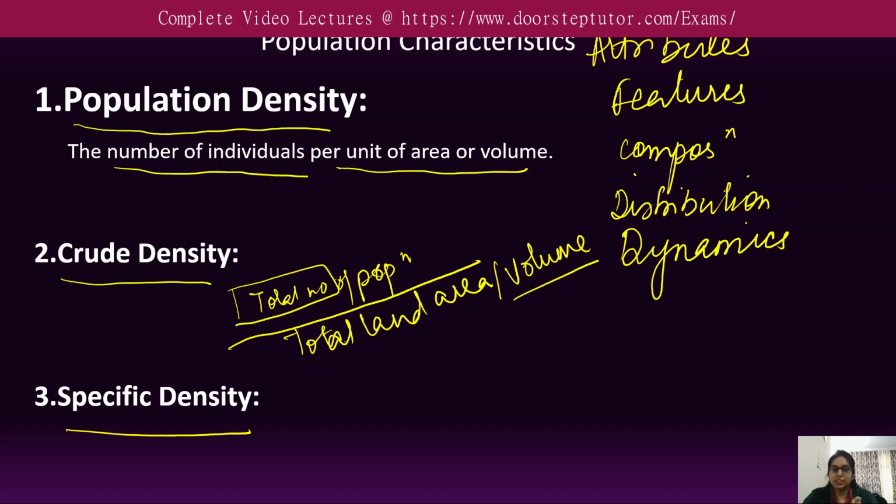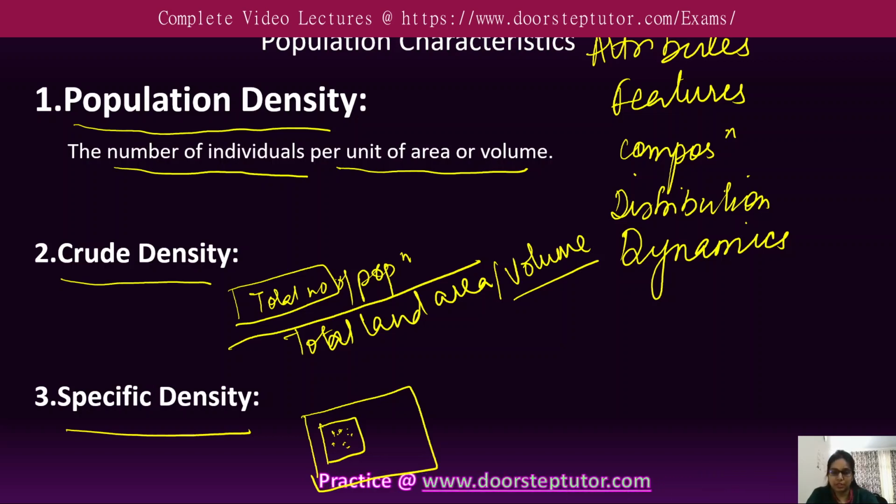Next is the specific density. As the name suggests, it is the density present in a specific region. Specific density takes into account only the suitable or available habitat within an area. Suppose there is an area and a particular habitat in which the group of individuals is living. It focuses on the portion of the environment that can support the population rather than the total area.